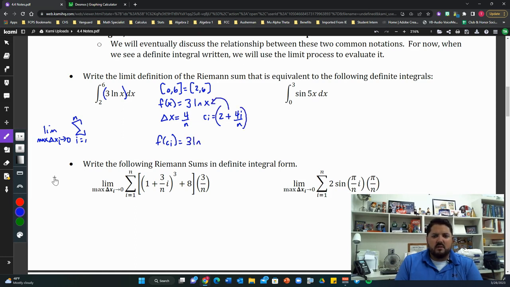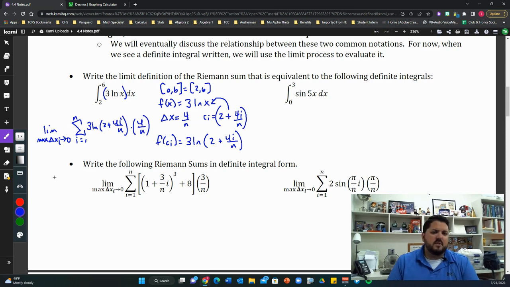I would get 3 times the natural log of all this stuff. So for my Riemann sum, I'm going to take the limit of sigma of my heights times my widths. So I would have 3 natural log of 2 plus 4i over n times the width of each rectangle, which would be 4 over n.